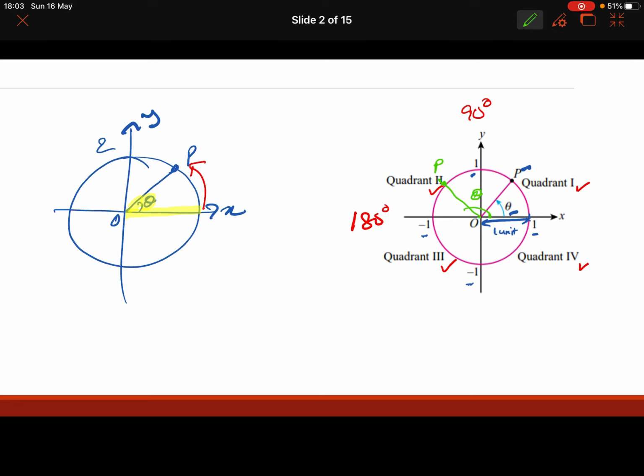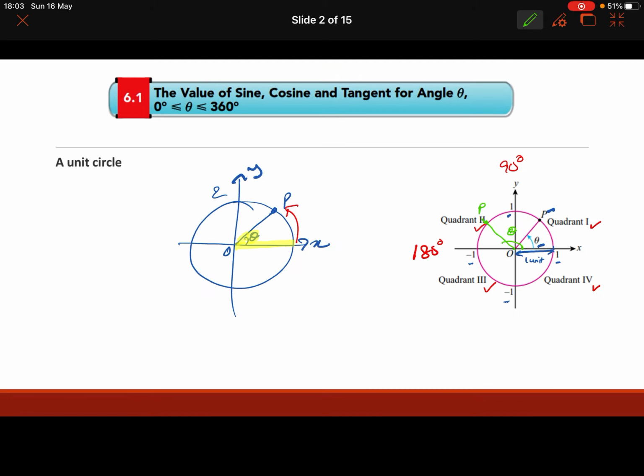Theta is in between 90 and 180. If the point P is on quadrant 3, that means the theta is in between 180 degree until 270 degree. If it is in quadrant 4, then the theta is in between 270 degree and 360 degree. Okay, so that's the unit circle.